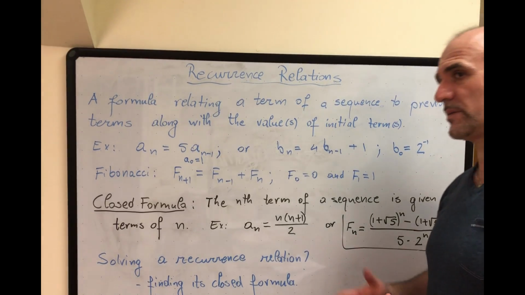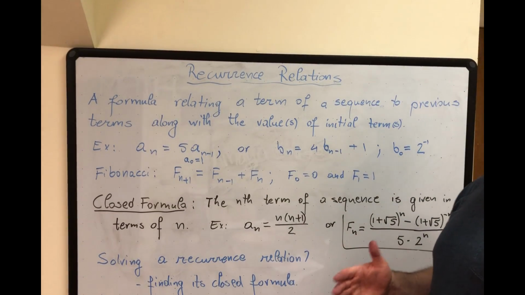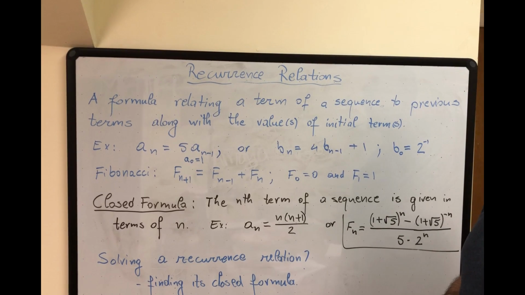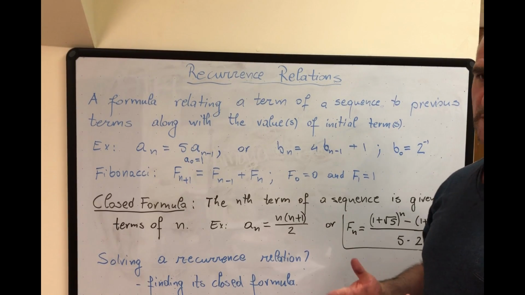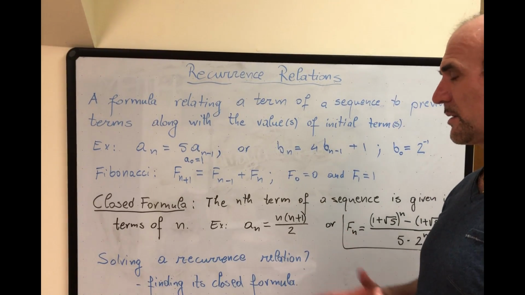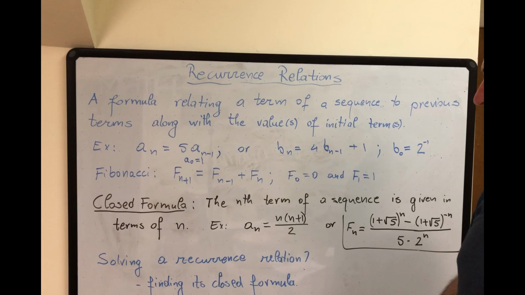Whereas for arithmetic sequences, you go from one term to the next, adding the same constant, or same fixed number. Now, most of the other sequences are neither arithmetic nor geometric.